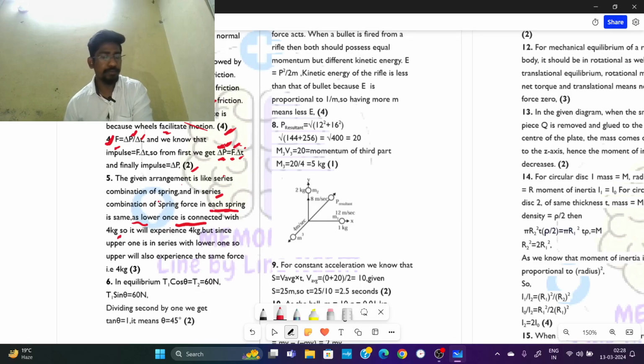As you can see in the figure, a 4 kg weight is suspended through the spring. As we said earlier, the same amount of force will act in both springs. So we can say that in both springs 4 kg and 4 kg force will act. Therefore option 3 is correct.